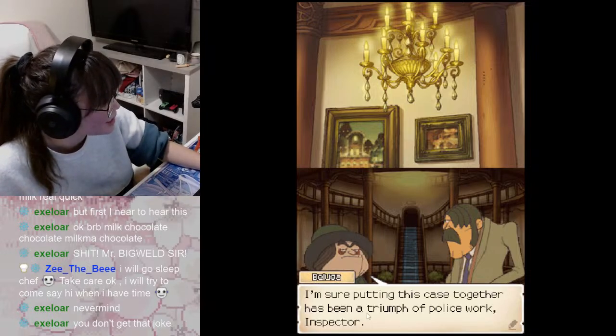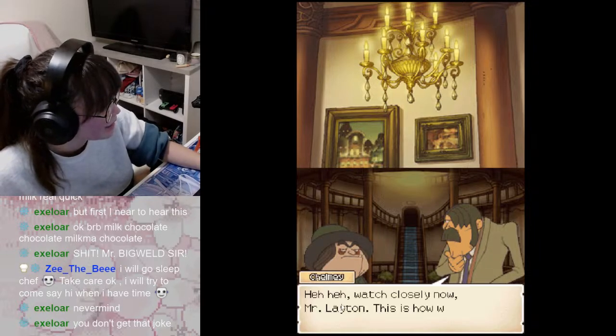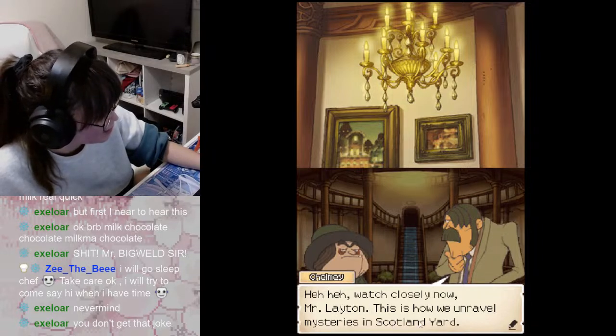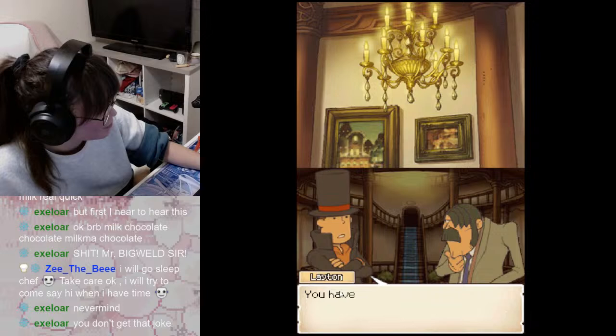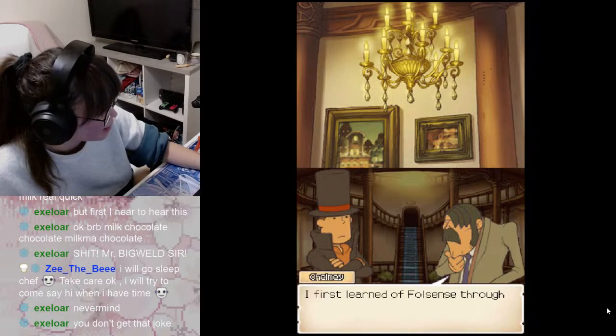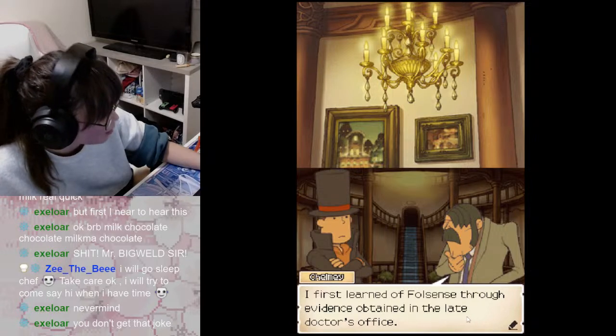I'm sure putting this case together has been a triumph of police work, Inspector. So, tell me, what facts have you unearthed in these last few days? Watch closely now, Mr. Layton. This is how we unravel mysteries in Scotland Yard. You have my full attention, Inspector. Please, hypothesize away. I first learned of false sense through evidence obtained in the late doctor's office.